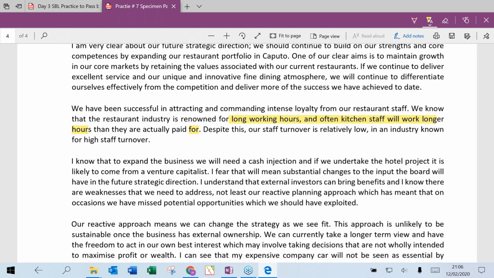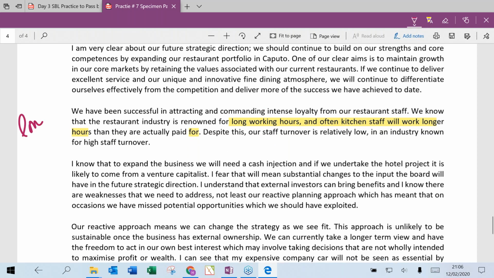Despite this, our staff turnover is relatively low in an industry known for high staff turnover. So, what's the key message here from a culture point of view? Long hours.